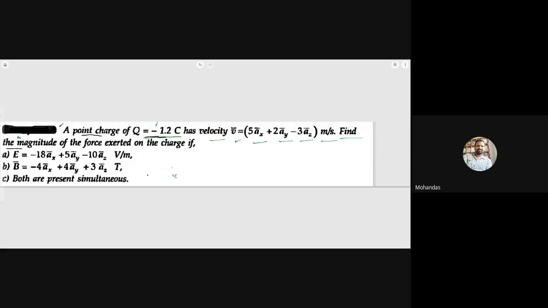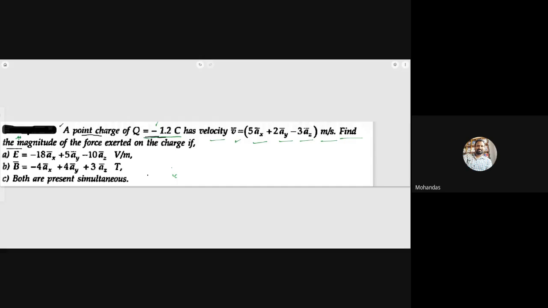C question, both fields are present simultaneously. That means if the charge is present in the electric field as well as the magnetic field, then what will be the magnitude of the force?